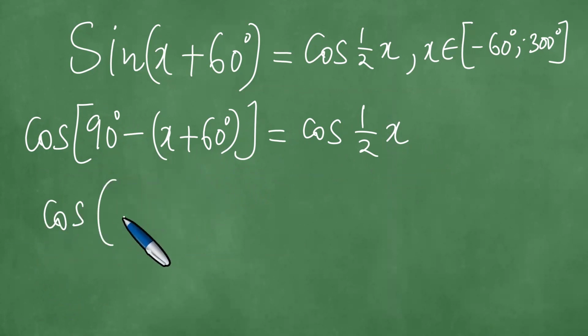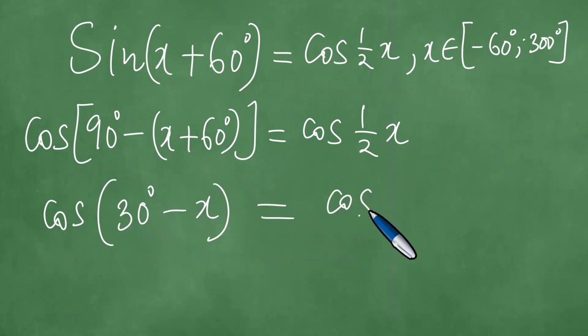So this becomes exactly 30 degrees minus x, and it is the cosine of 1/2 x.